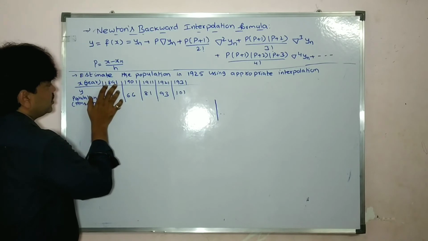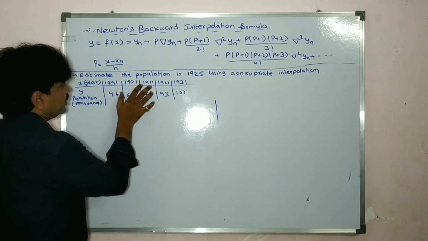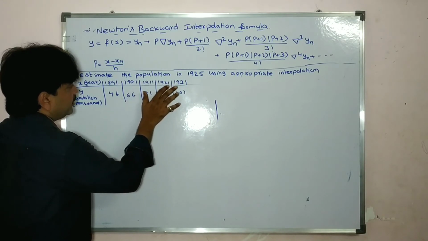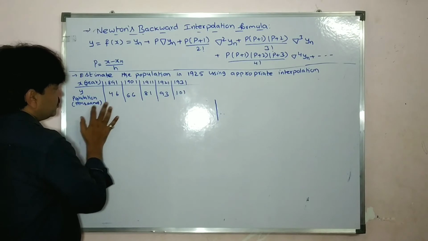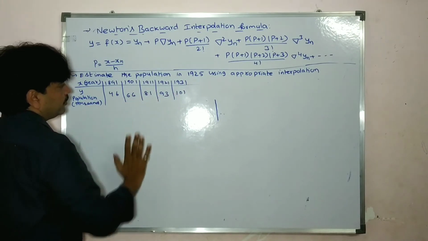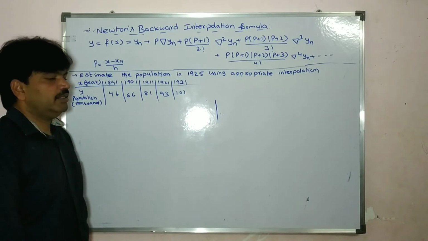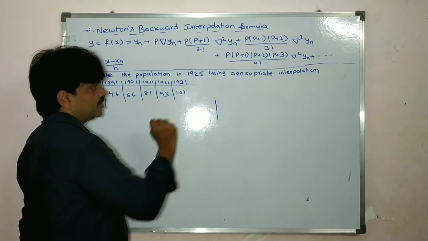X is the year: 1891, 1901, 1911, 1921, 1931. Y is the population in thousands: 46, 66, 81, 93, 101. See what it says, using appropriate interpolation.